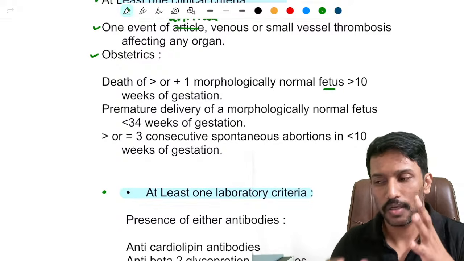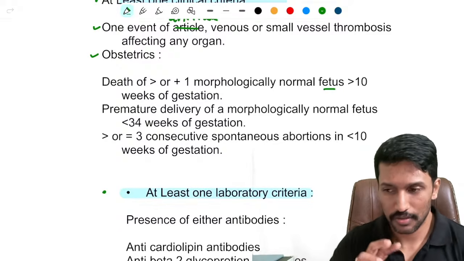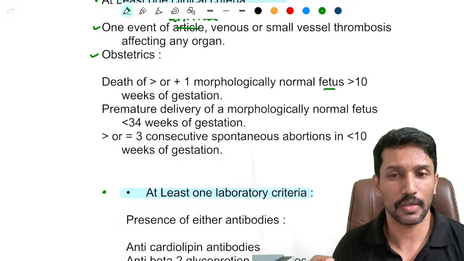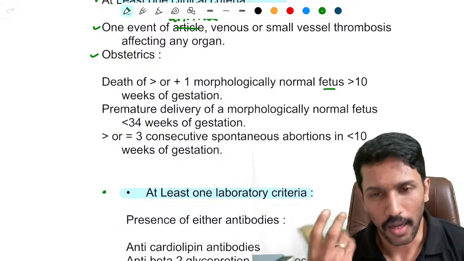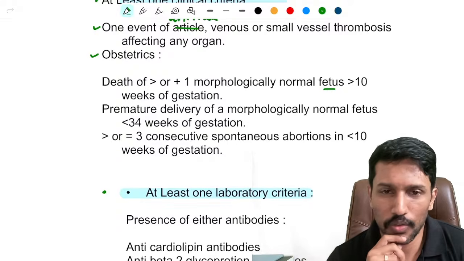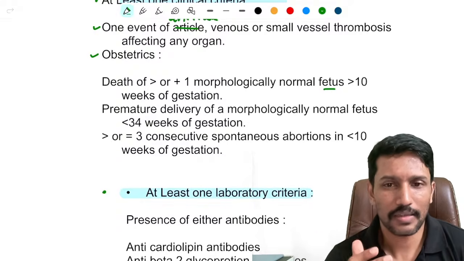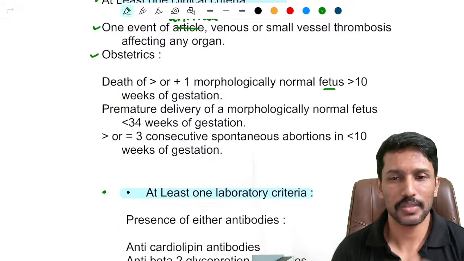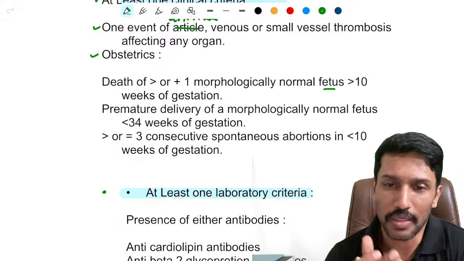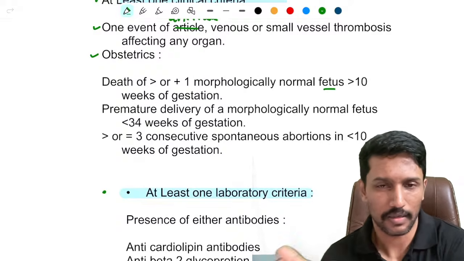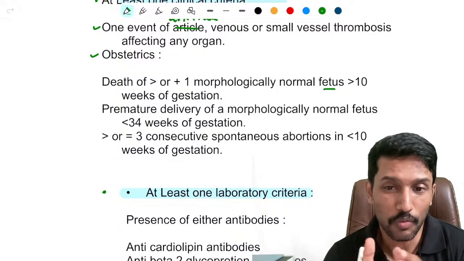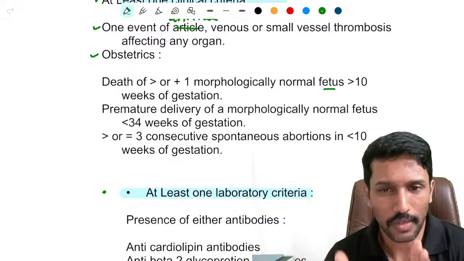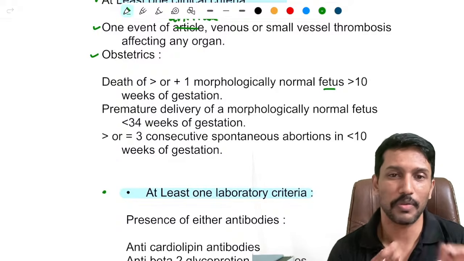But if as per their gestational age, the fetus has developed morphologically normally, but still there was either IUD or the premature termination, in that case, it is probably pointing towards decreased blood flow to that fetus. That's why it died and terminated. And that could be because of the thrombosis, and that thrombosis could be because of APS.